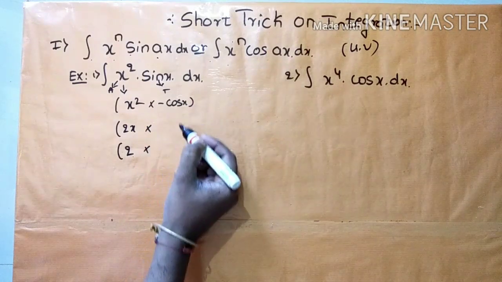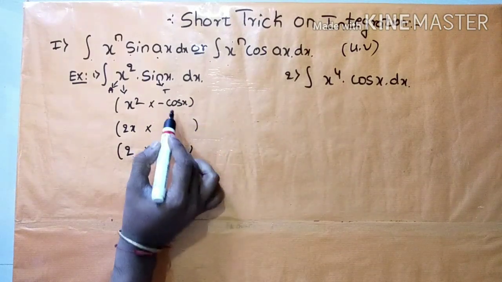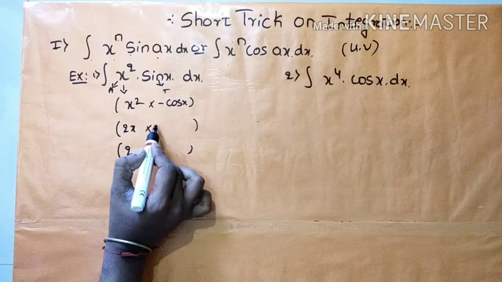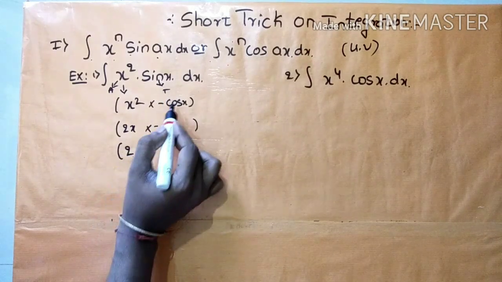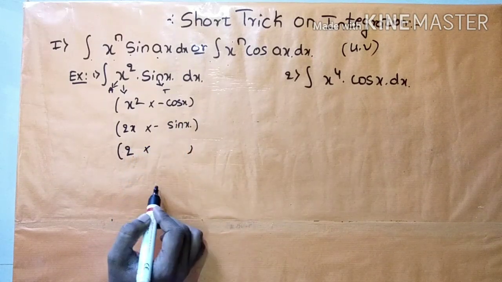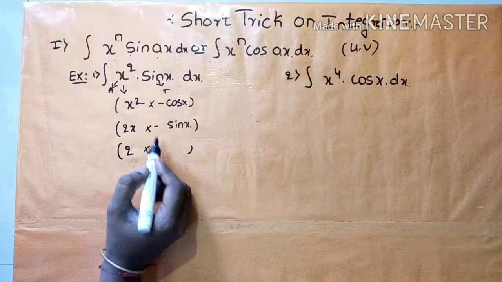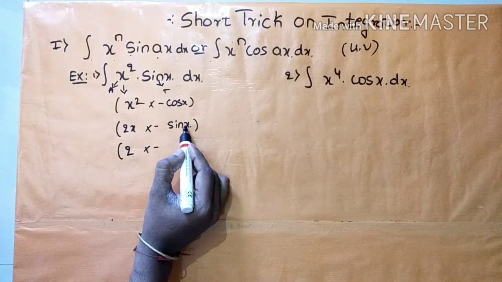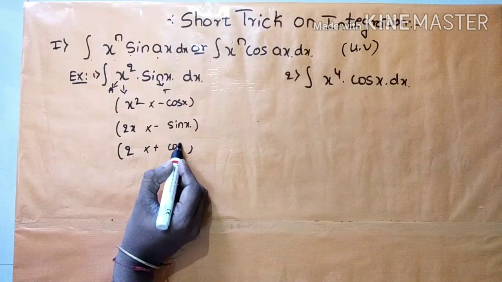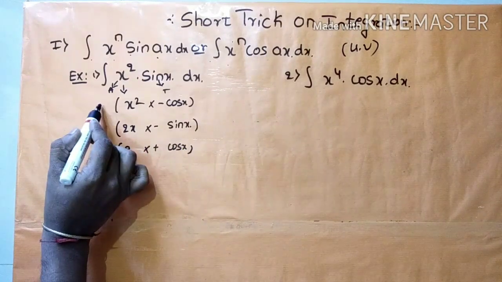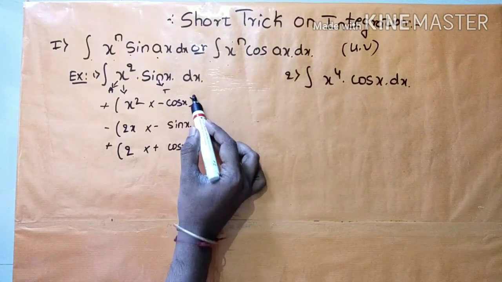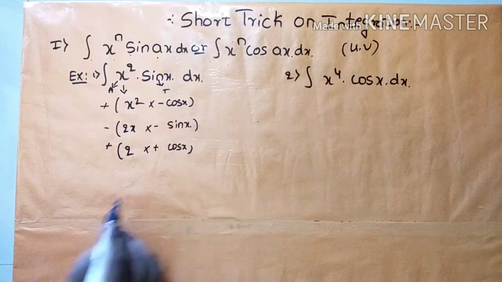Then integrate up to this: integration of sine x is minus cos x, then integration of minus cos x is minus as it is, integration of cos x is sin x. Similarly, once again integrate: minus as it is, integration of sin x is minus cos x, so minus minus becomes plus cos x. The important thing is you have to write alternate signs for each term. This is the first term, this is the second term, this is the third term.